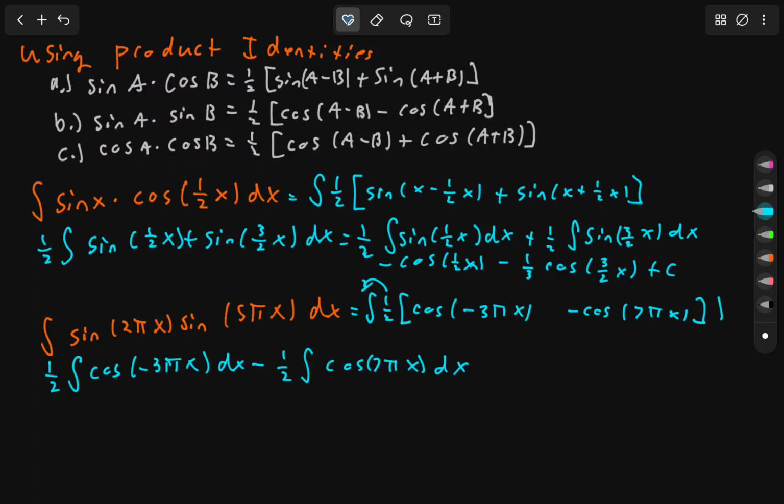All right, so now we have these two separate integrals that are both really easy to evaluate.